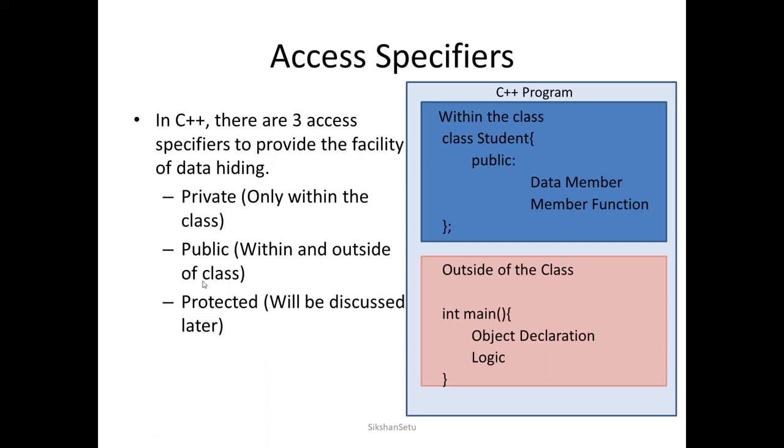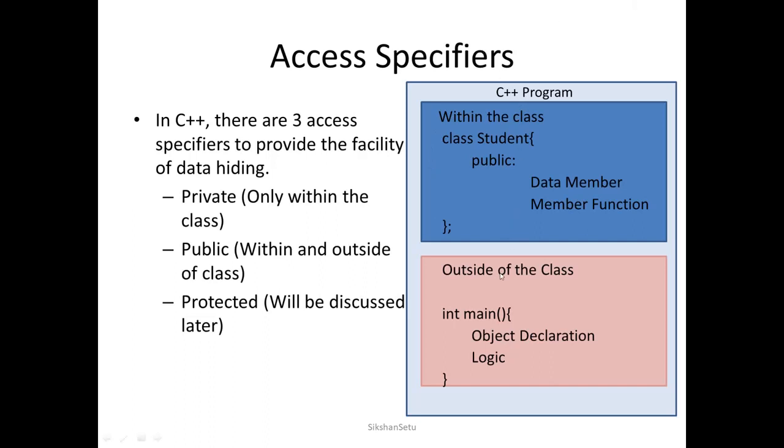If we look at this sample format for a C++ program, there are two different parts. The first part contains the class definition, meaning the class which we have declared along with the data members and member functions.